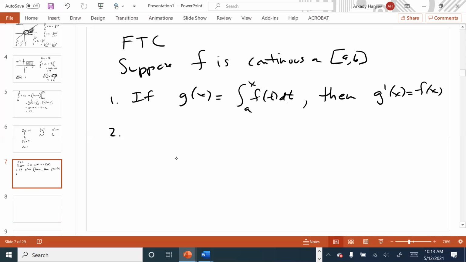Just like we plugged in the f of t dt. So all it's saying is I used a variable, but after I use it, I'm going to plug the x into the variable. So it's just saying that f of t is the same thing as f of x if you're going to x.